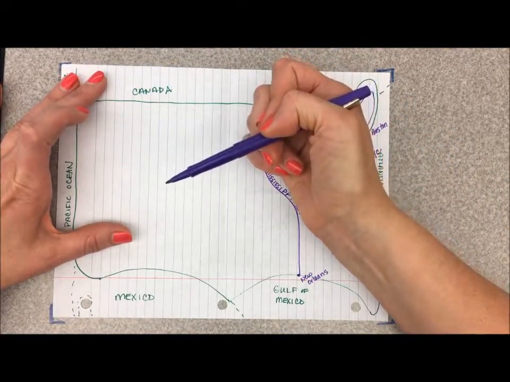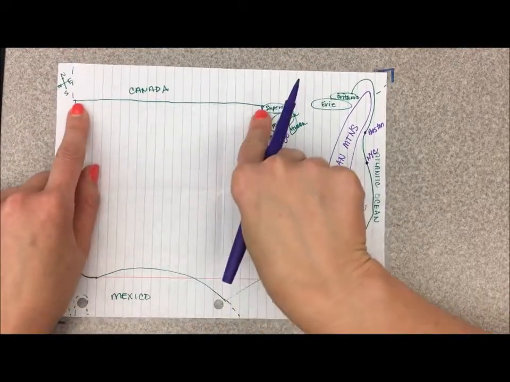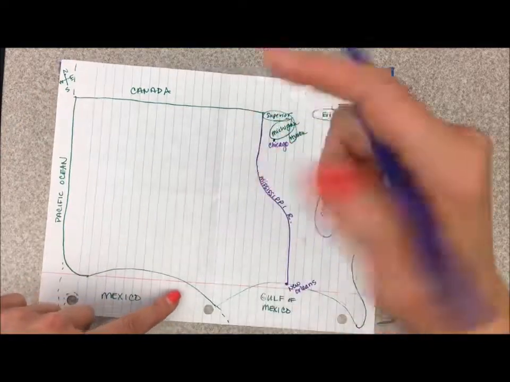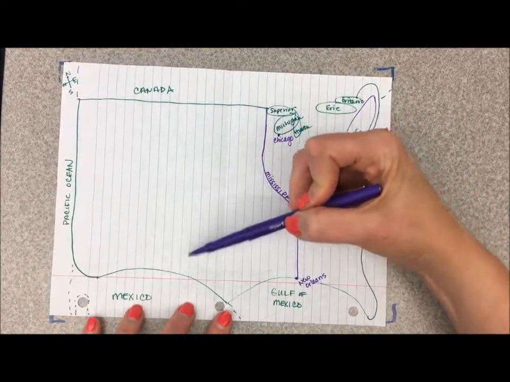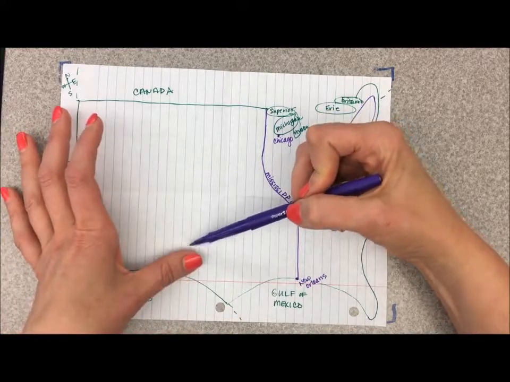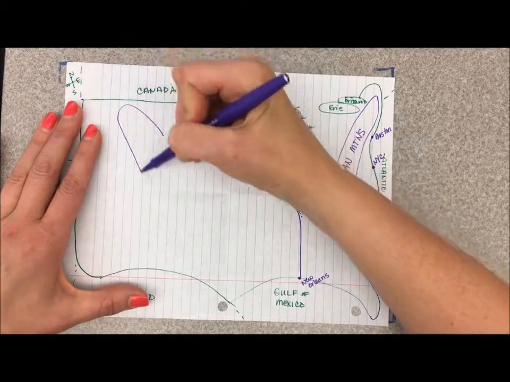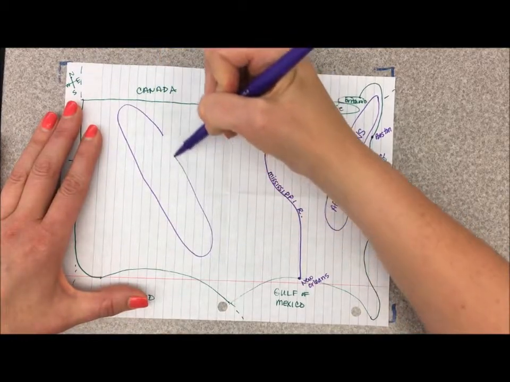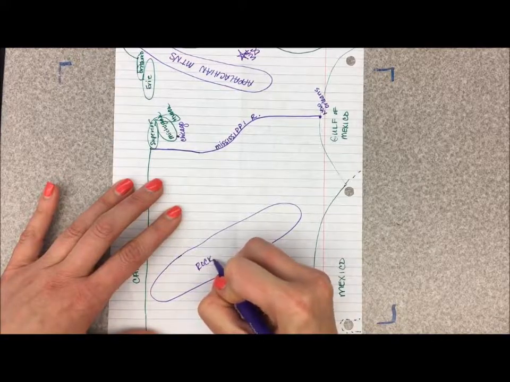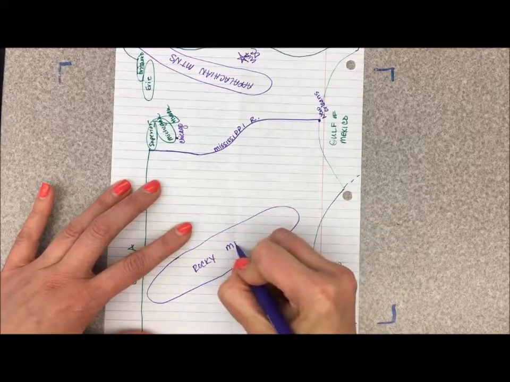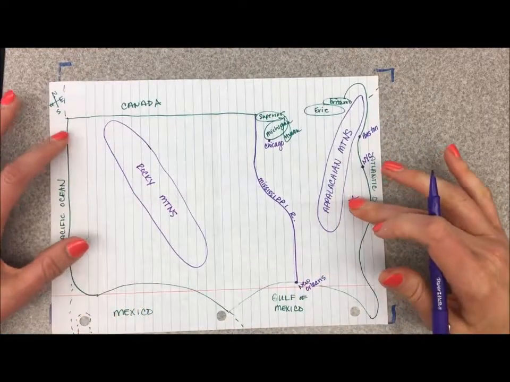So we're going to start with these about 1/3 of the way between the West Coast and the Mississippi River, and ending about 1/3 of the way up this arc here, and just a little bit above, about a thumb's width or so above. Make a big, like baguette type looking shape. I'm going to label these the Rocky Mountains. They're also called the Rockies, just another way of saying it.